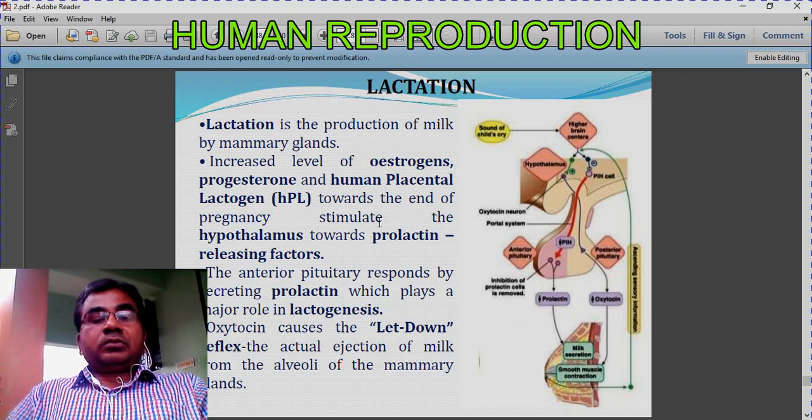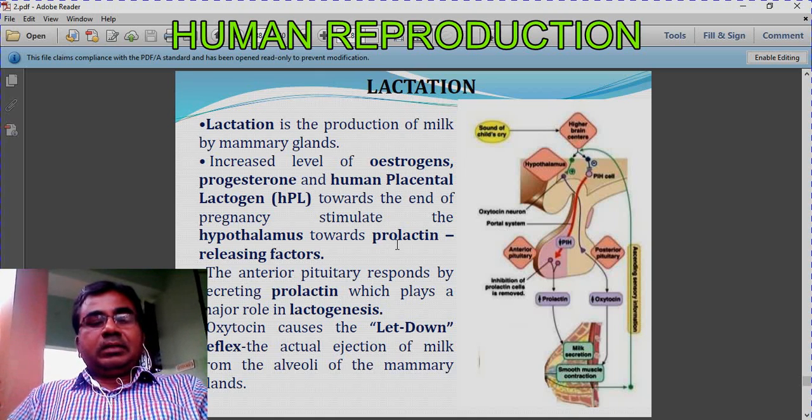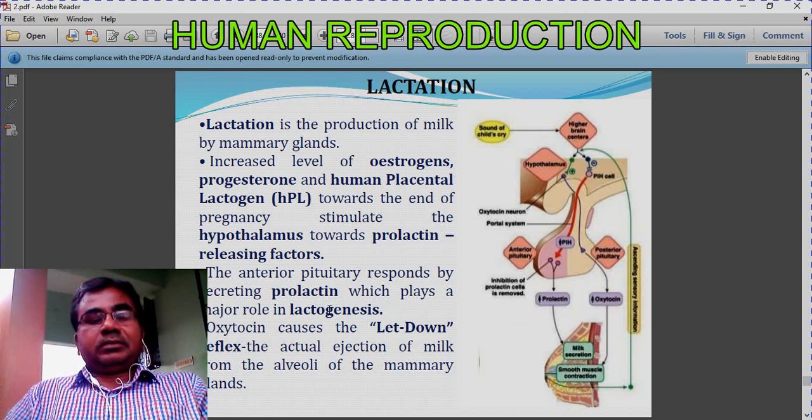These hormones will stimulate the hypothalamus and produce prolactin releasing factor. And then this prolactin releasing factor stimulates the pituitary gland to produce prolactin. And this prolactin plays a vital role in the production of milk.